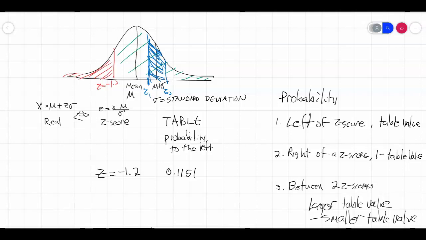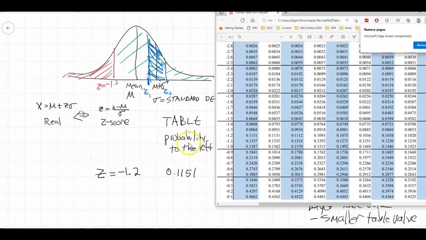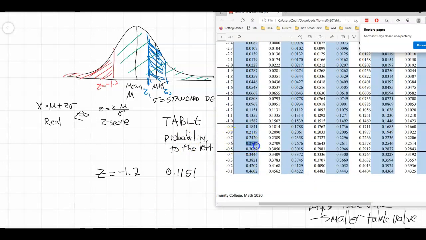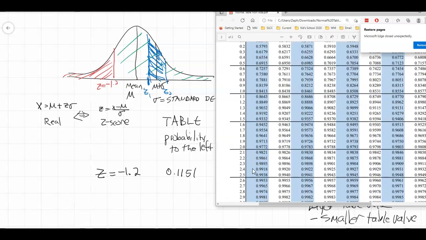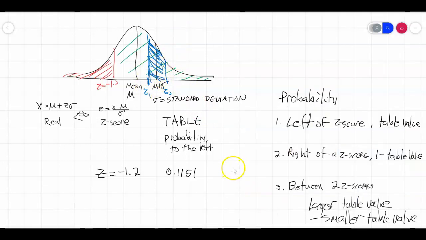Look up the table values. The table for z-score 2 will be a larger number. And we know this because the larger the z-score we get, the bigger these numbers get. And then the z1 will have a smaller table value. So you take the larger table value, subtract the smaller table value, and you get the percentage in between, or the probability it's in between.